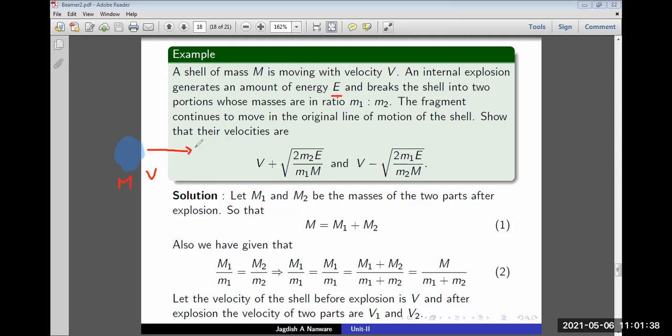So the first part is, say, this one, and another part is, say, this one, whose masses are proportional, m1 and m2.